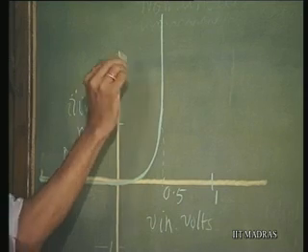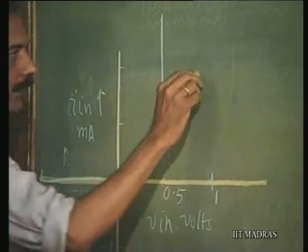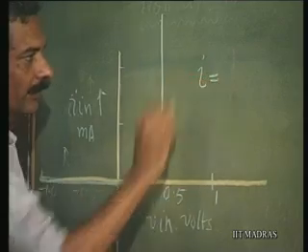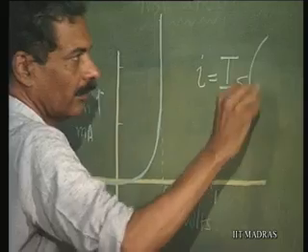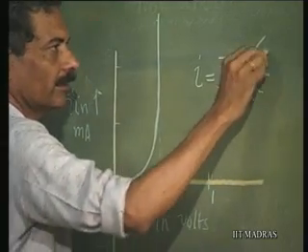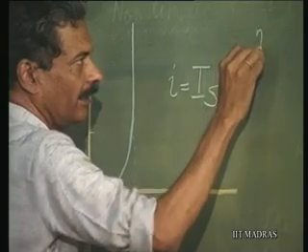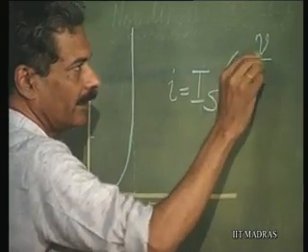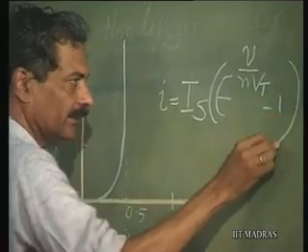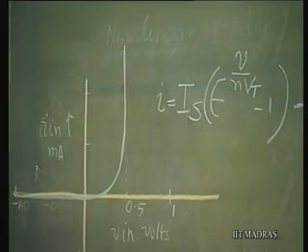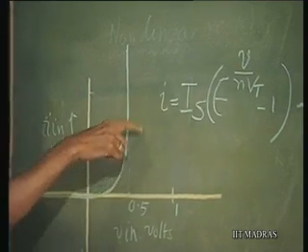So, what is this? This is I equal to Is exponent V divided by nVt minus 1. This is an exponential characteristic. The current I and voltage V are related in an exponential manner.